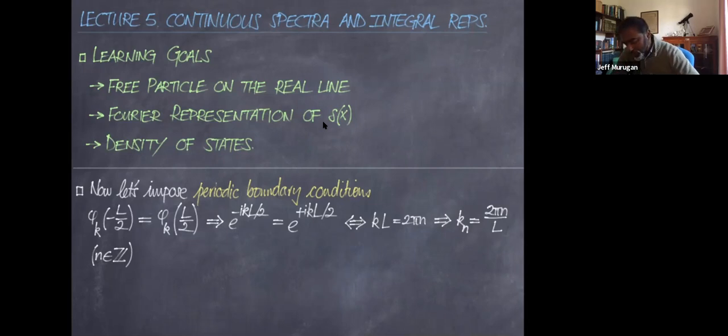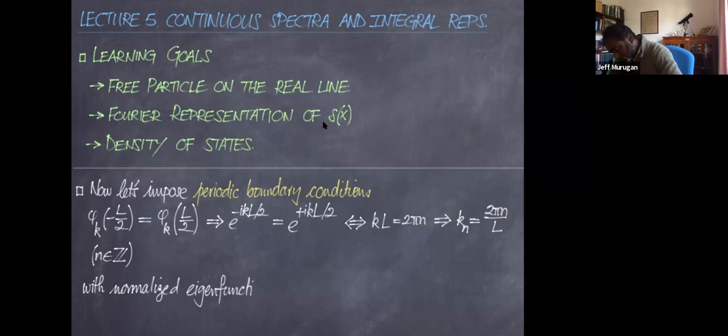And associated to this is a corresponding eigenfunction that I can normalize. So with normalized eigenfunctions, let's call them chi.